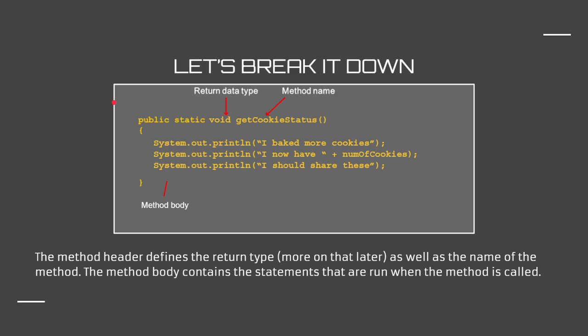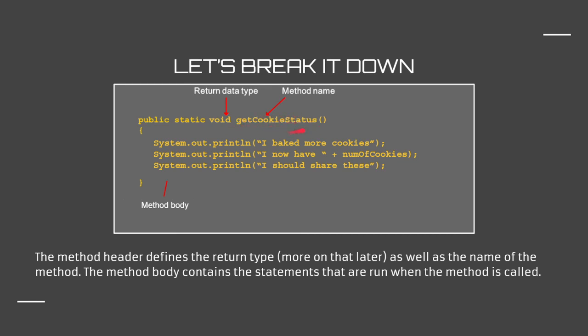So to break it down, we've talked a bit about method headers before when we were talking about the main method structure, but this is some review. So right here is the method header. It tells us a couple things that we'll understand later, but these are some Java keywords. This is the return data type. And this right here is the method name.